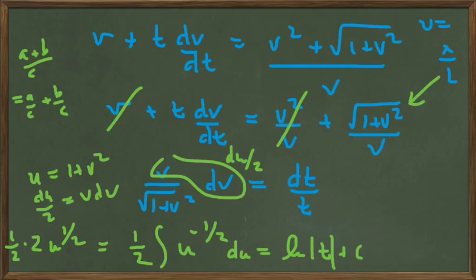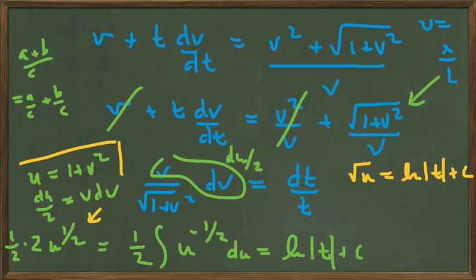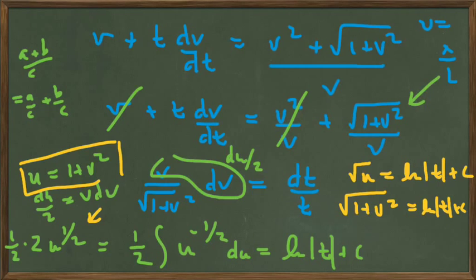So we've got over here on the left-hand side just u to the 1/2, which is the square root of u, and on the right side we have ln absolute value of t plus c. Because u we let equal 1 plus v squared, that gives us square root of 1 plus v squared equals ln absolute value of t plus c.